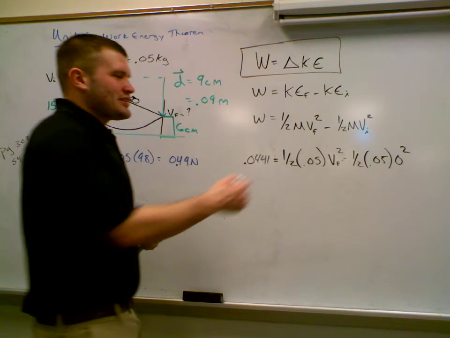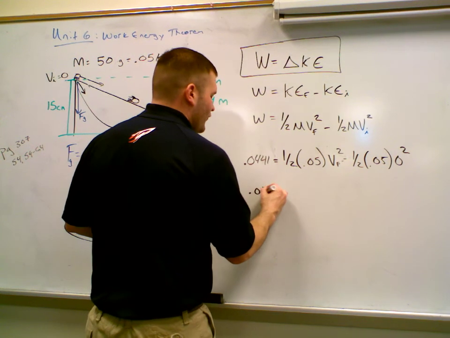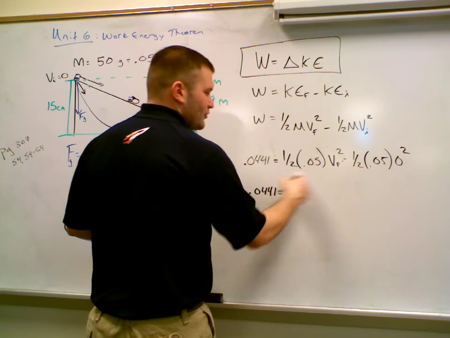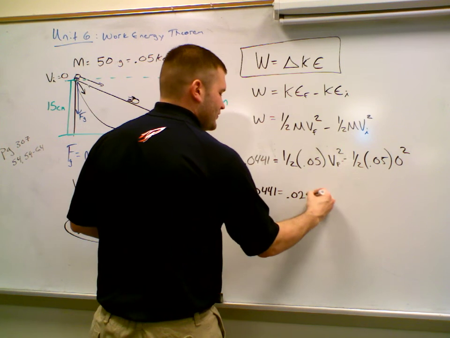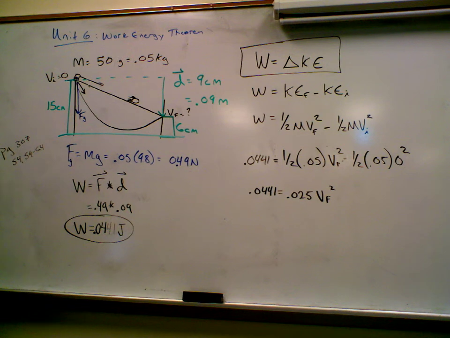All right. So what's this equal? 0.0441 equals... I'll do this in my head. I've got to redeem myself, and I won't be offended if you check it. So now what do we do?